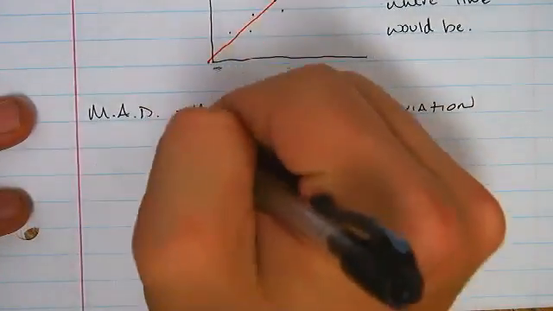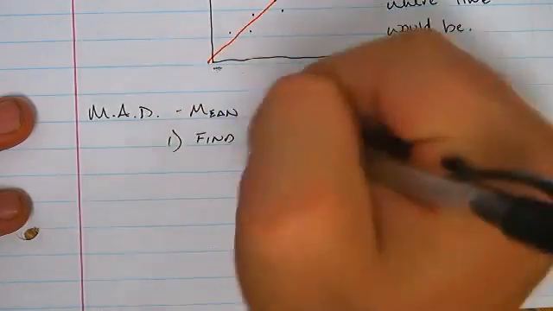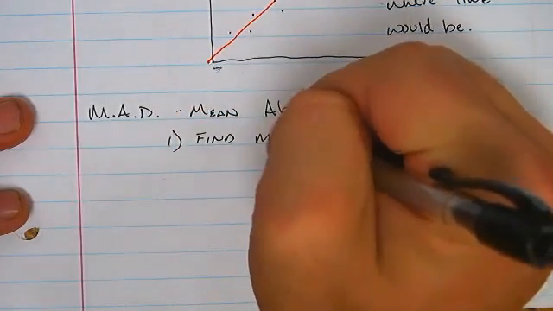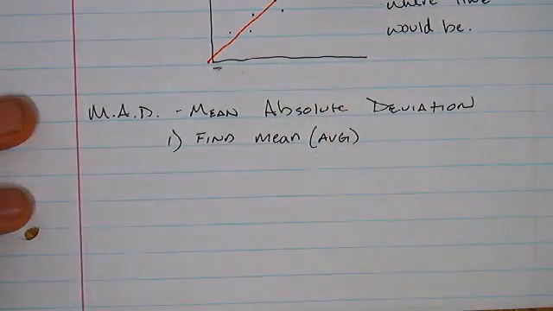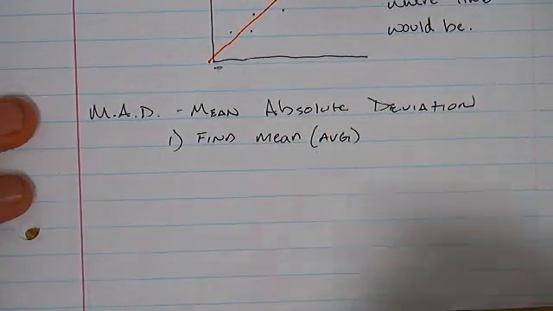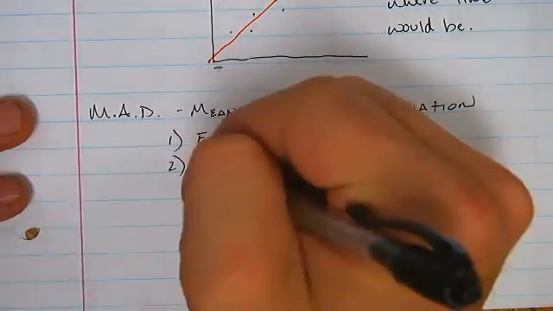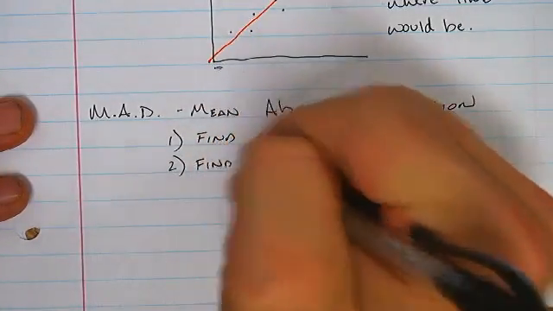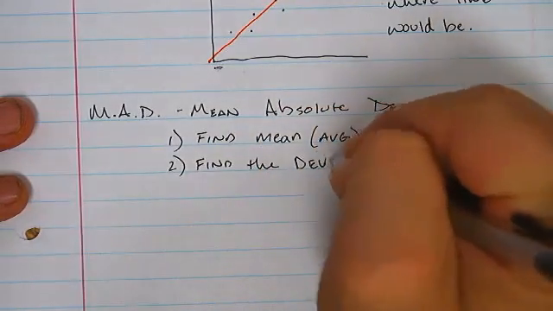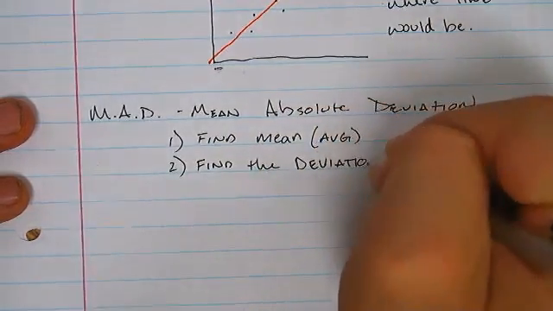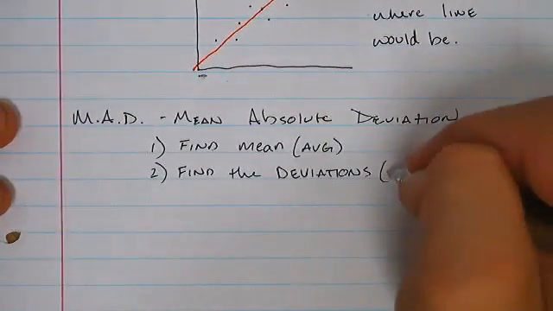Generically, we're going to find the mean, or the average. Step 1, find the average of the data. 2, find the deviations or differences.